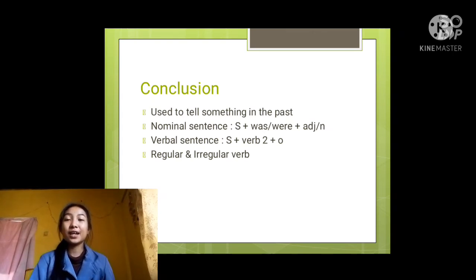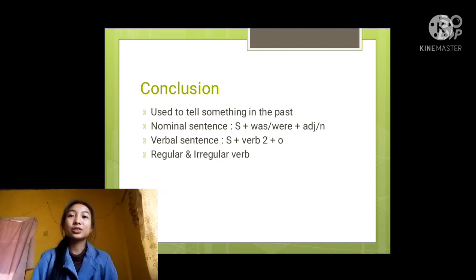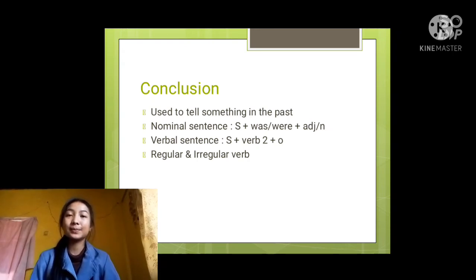Next, I have two homework tasks for you. First, you need to find at least 10 examples of regular verbs and also 10 examples of irregular verbs. And the second, you need to make your own example of the use of past tense in the form of conversations.